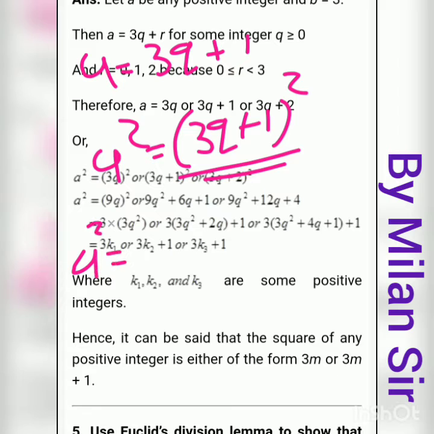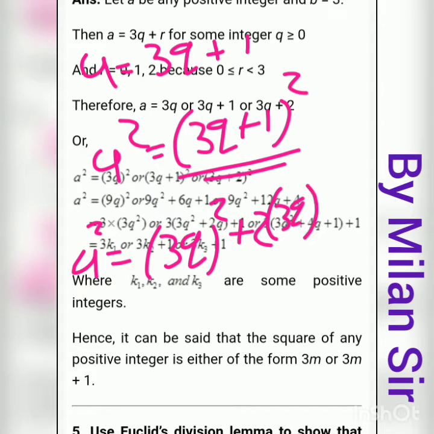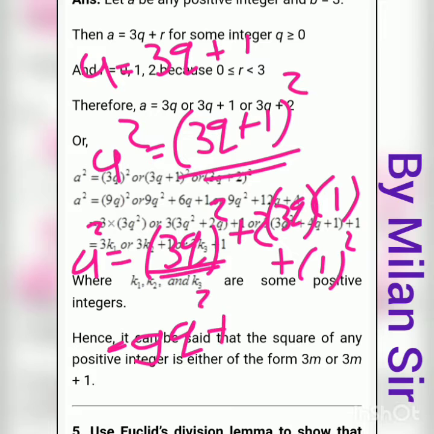So a square is equal to first term square, plus 2 multiply first term 3q multiply second term 1, and plus second term square. So 3q square, 3 square is 9 and q square is q square only. Now 2 multiply 3 is 6, 6 multiply 1 is 6, so 6 into q, and plus 1 square is 1.